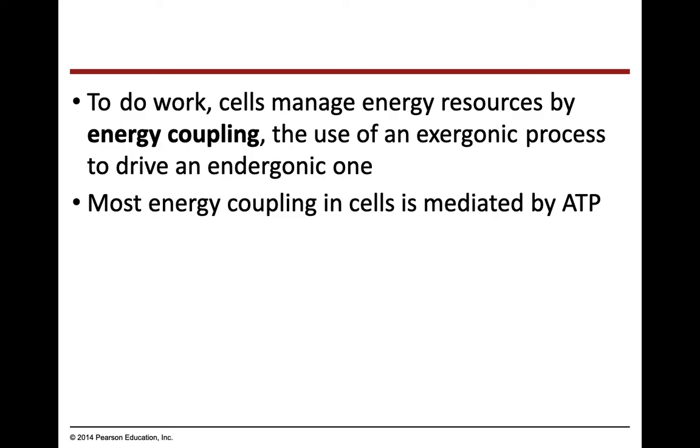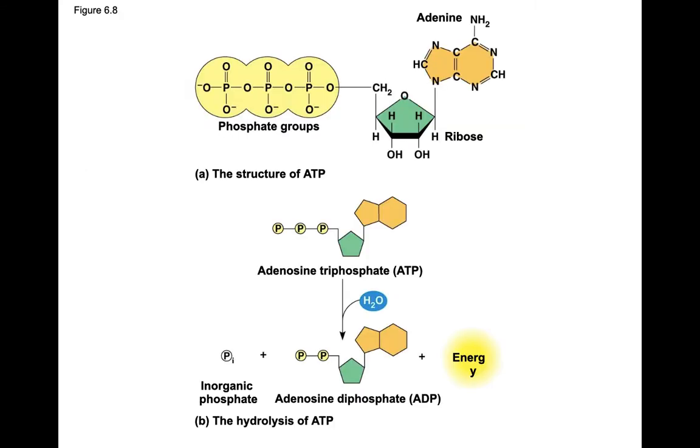And that's because cells can't release a lot of energy during exergonic reactions, otherwise the heat might overwhelm homeostasis. So most energy coupling in cells is a response to producing ATP, which is a small energy currency that cells use because it's efficient and it's effective for their environment.